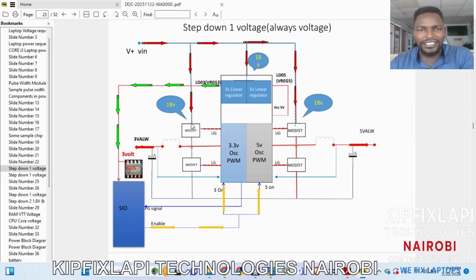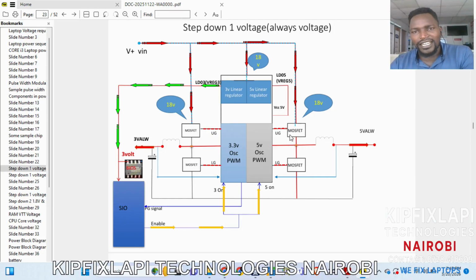Here we have 19. So this MOSFET switches 3.3 towards this point, and from here the 3.3 is sent through this inductor. This inductor can regulate that voltage or filter any noise, and sends out that voltage here. And that is how the 3.3 voltage is generated.